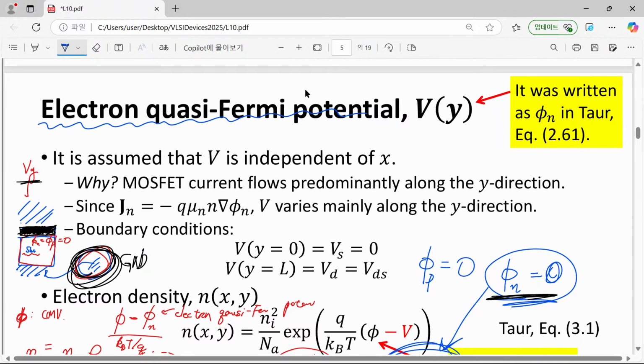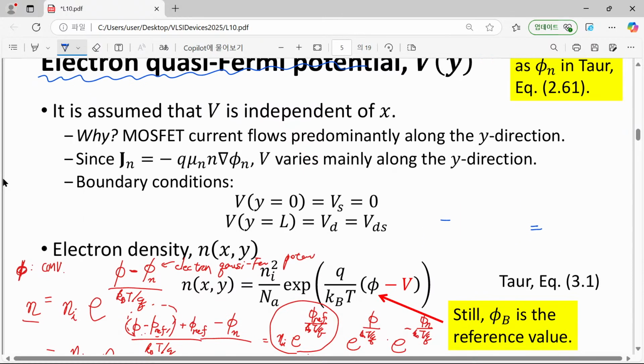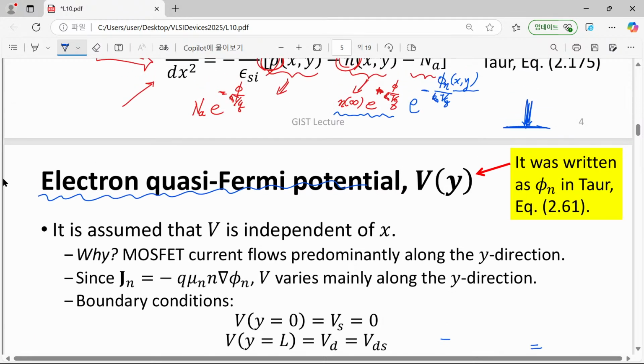The electron quasi-Fermi potential is in general regarded as a 2D quantity, but here, sorry about the notation, sometimes I use V. In this slide, I use V in order to make it clear, because when I say this one, sometimes students are confused with the electrostatic potential.